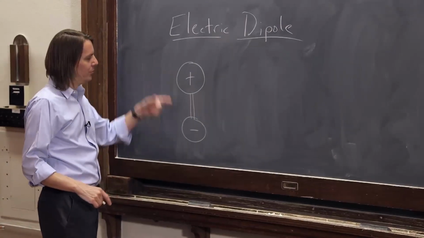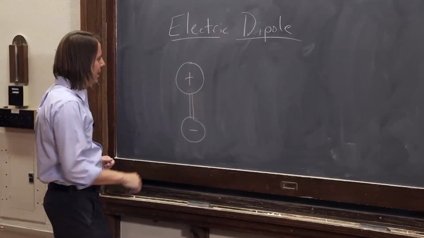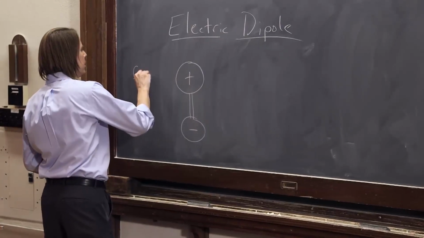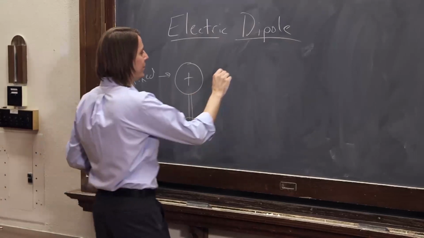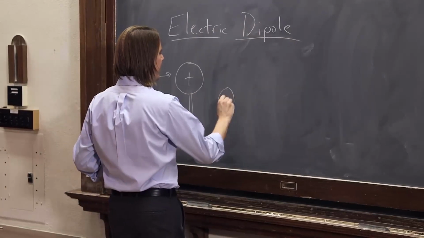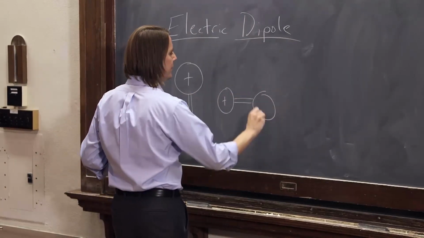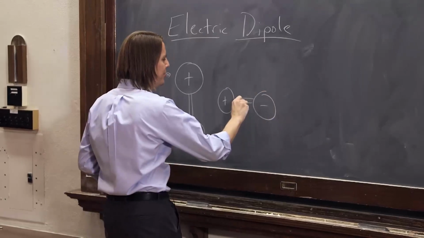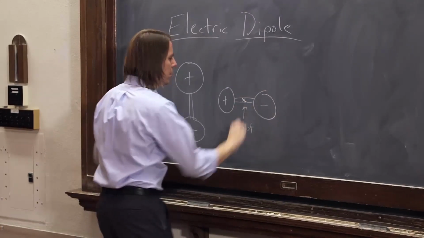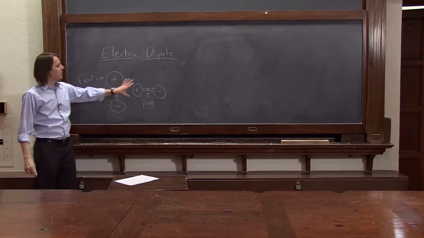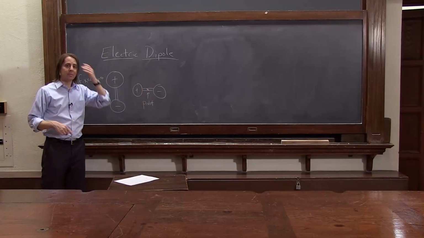It has two poles, a positive pole and a negative pole. And let's imagine this one is fixed. Now let's have another dipole here. Let's let this one have its positive charge like that, and its negative charge like that, and let's put it on a pivot. So it can't translate, but it can spin, it can rotate.